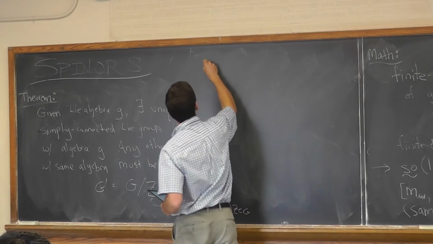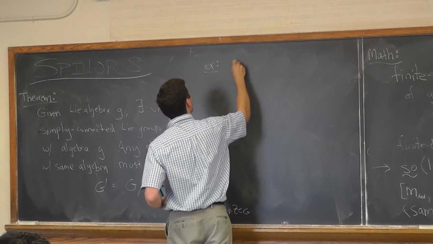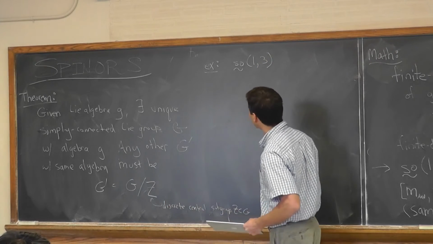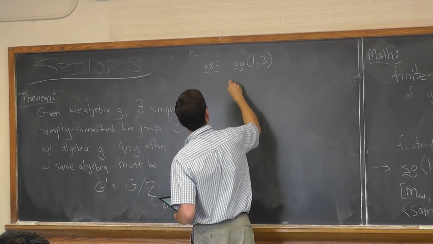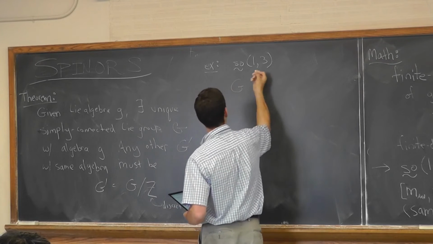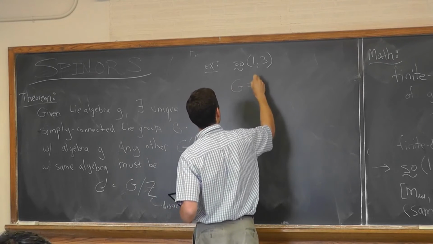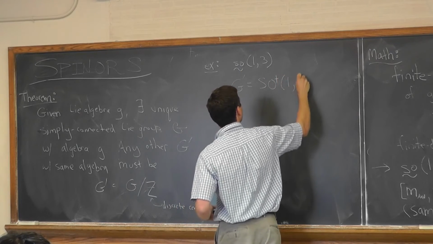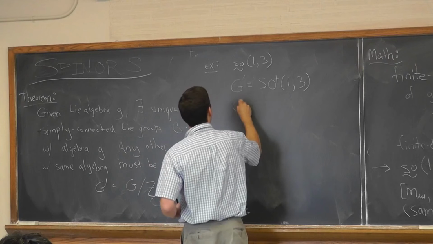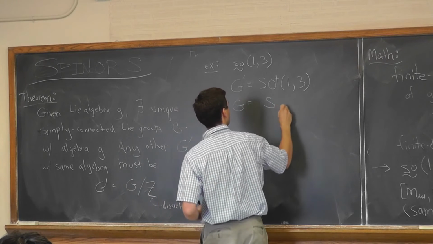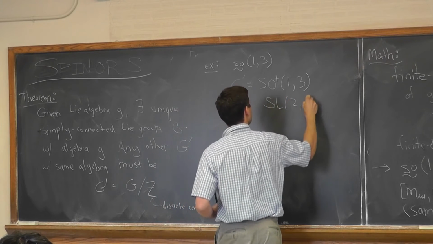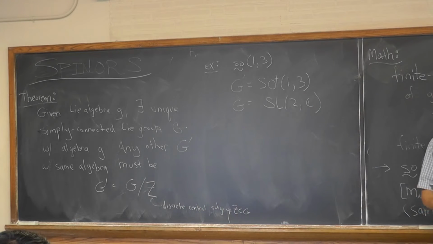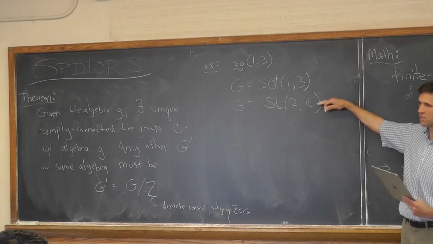So for example, the algebra so(1,3) has different groups that have that algebra. So we could take one of them to be this SO^+(1,3) group, or restricted Lorentz group. We could take another one to be SL(2,C). And SL(2,C) is the simply connected one.